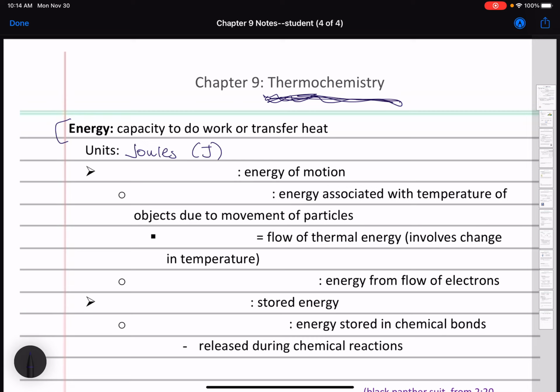And there are different types of energy. The types of energy that we're going to deal with in chemistry are two broad classes: kinetic energy, which is the energy of motion. Kinetic means movement. And the other type of energy is potential energy, which is energy that's stored in an object that's not actually in movement.